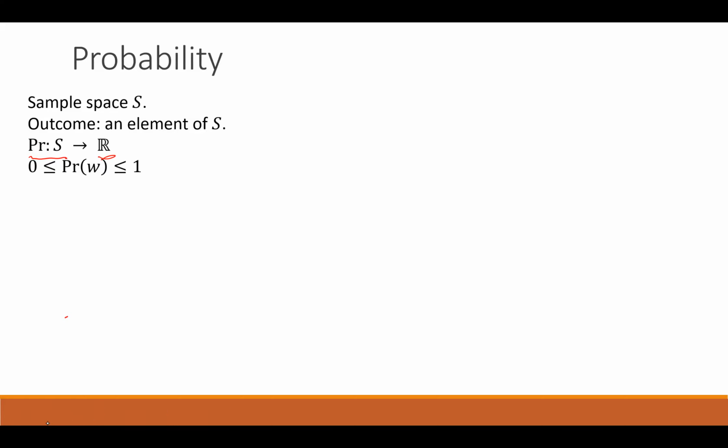So the probability of any event has to be somewhere between 0 and 1. And if I sum up all of the probabilities of all the events, they have to sum up to 1, right? So that's sort of the foundation of probability, is that we have a sample space, a bunch of events, they have come up with a certain probability, and those probabilities sum to 1.